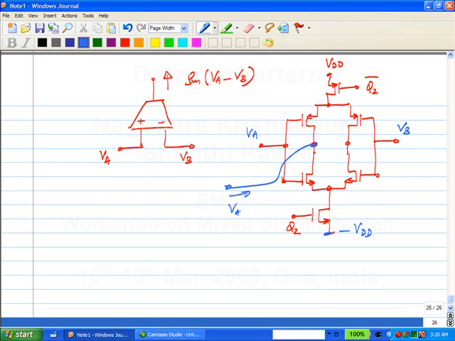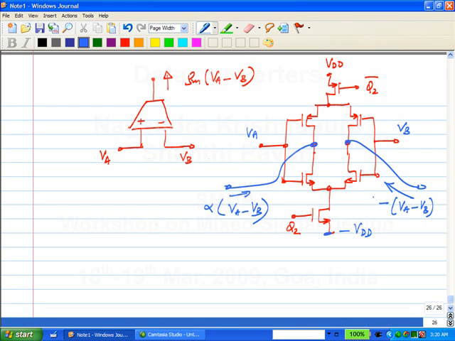Correct? Yes? No? Yes? What about the current flowing here? Minus of VA minus VB. It's proportional to this. Correct?